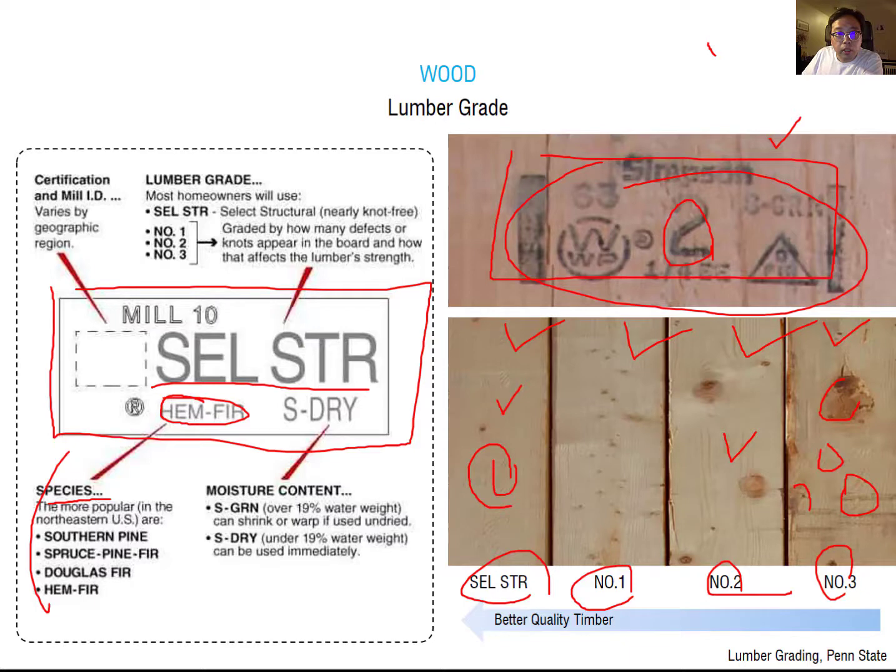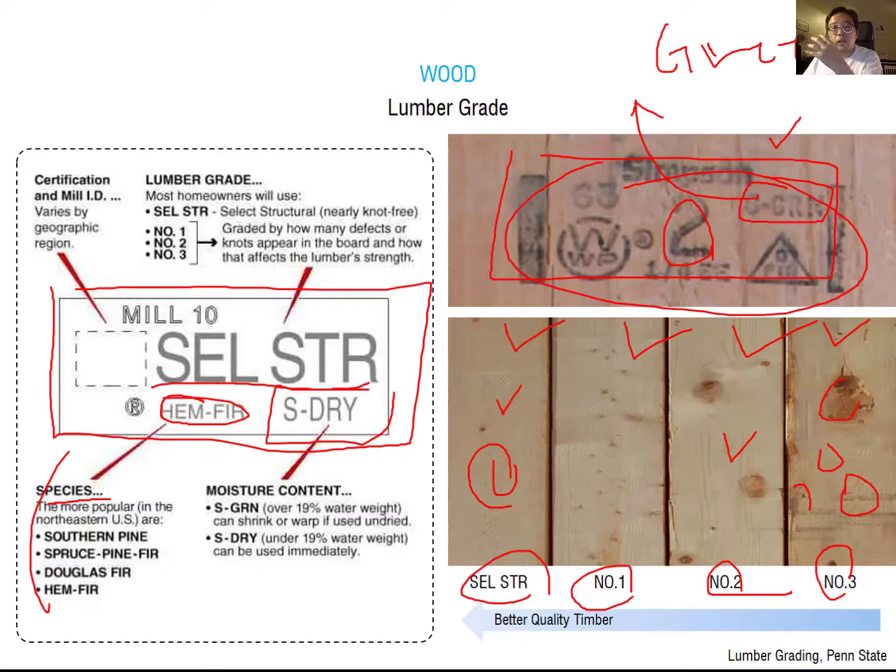Now we can also find S-GRN and S-DRY here. What is S-GRN? The GRN is green. But what is the difference between S-green and S-dry? S-green has more than 19% moisture content.